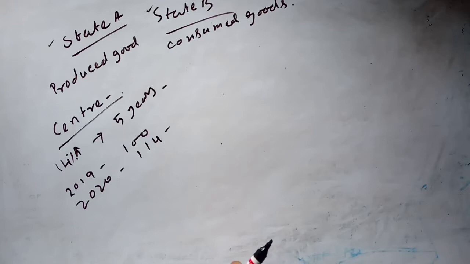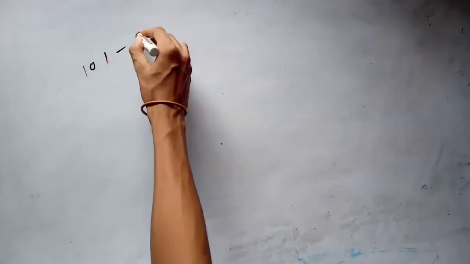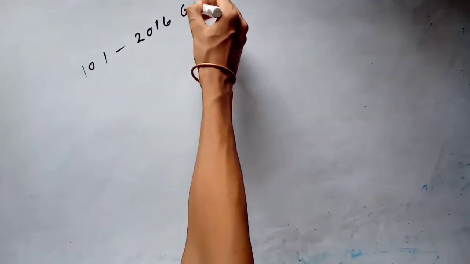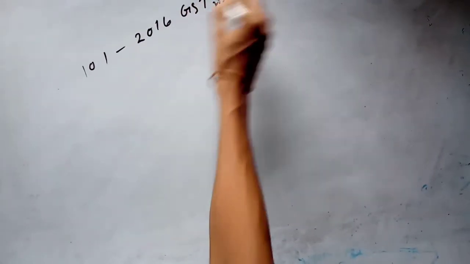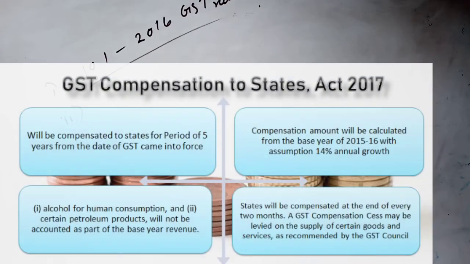Now we will understand each of the points. The compensation cess act was amended under the 101 2016 GST rule. And the second point is that states will be compensated for a period of 5 years from the date GST came into force.